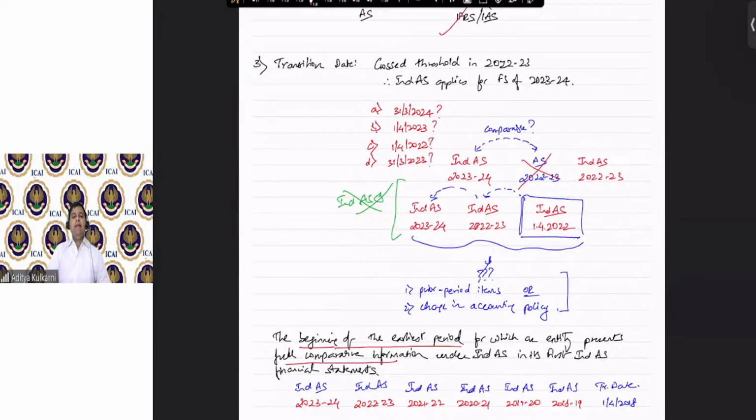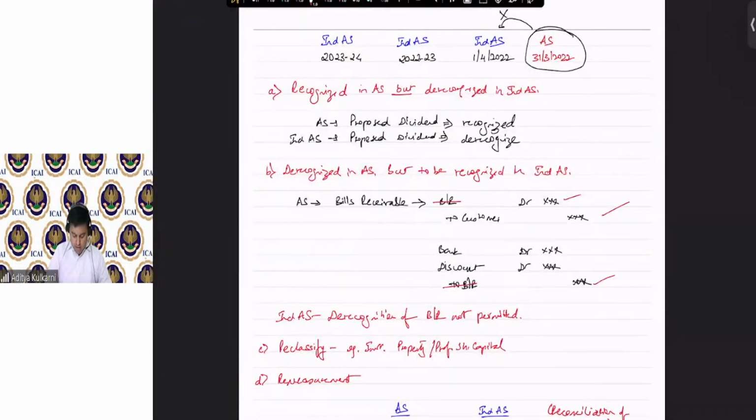Then we saw that any adjustments on account of transition will not be routed through the statement of profit and loss. Rather, it will be routed through the retained earnings or any reserve if it is available. So that we will see in the coming discussions. That is something which we have already seen.